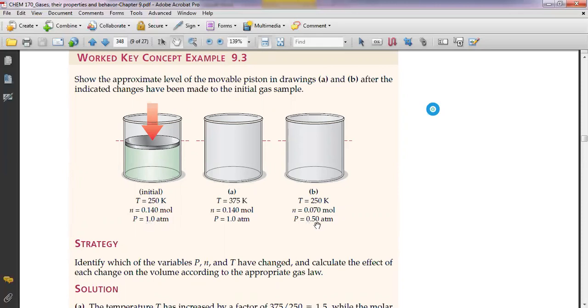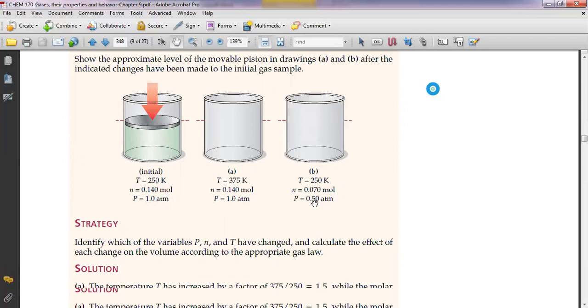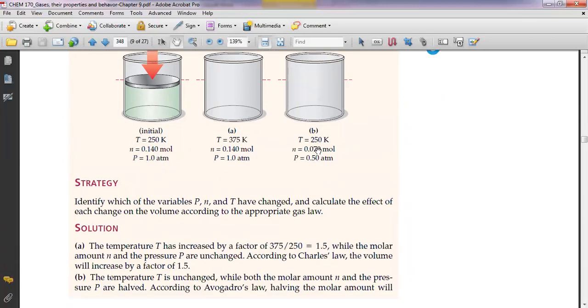So actually two laws are going to be applied in case of example B. First, the number of moles is going to decrease. That means which law is going to apply here? It is the Avogadro law. According to the Avogadro law, the volume is proportional to the number of moles.